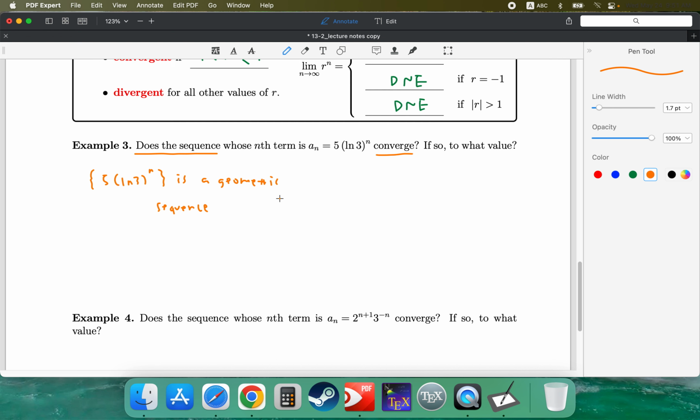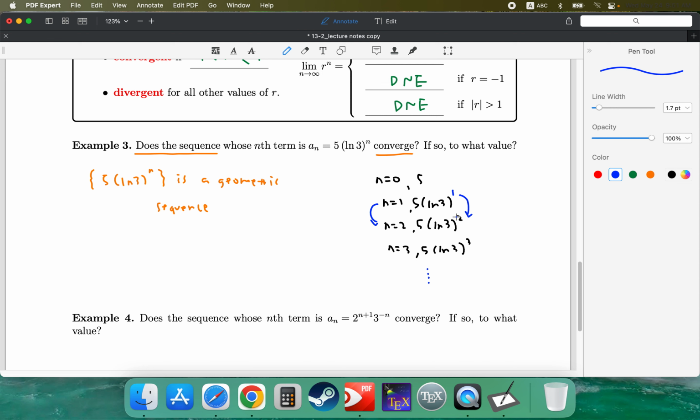Right? So if you want, you can write down the first few terms. When n equals 0, that's 5. When n equals 1, that's 5 times natural log of 3. When n equals 2, 5 times natural log of 3 squared. When n equals 3, 5 times natural log of 3 cubed. Of course, I don't want you to write down every term, but if this is the first time, you can do that. But think, if you increase the index by 1, you multiply the previous term by natural log of 3 because you increase the power by 1.